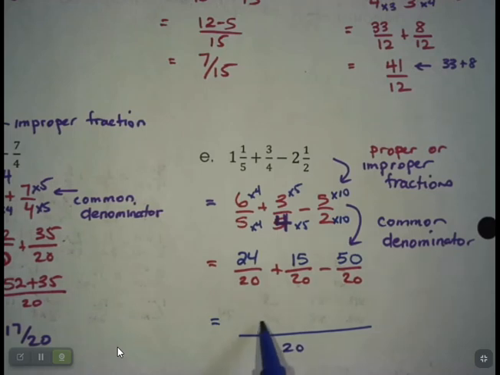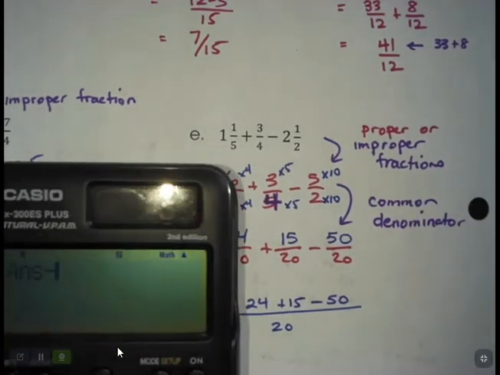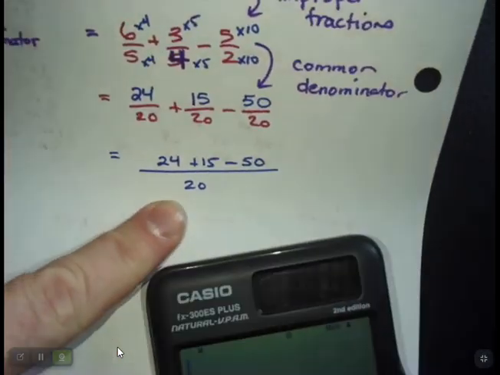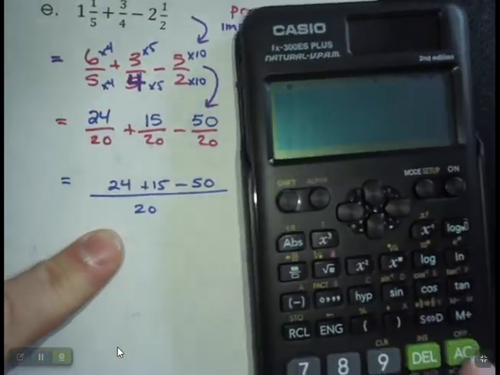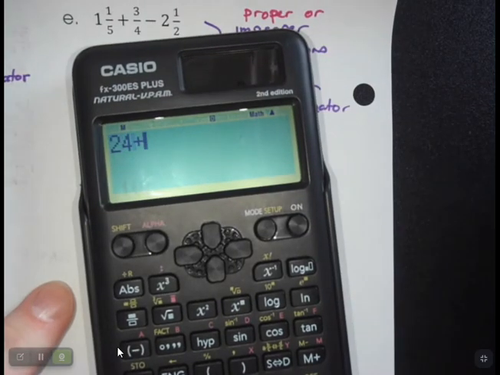And I can just think about these as a bunch of integer operations. So I can think about 24, 15, and 50 as just typing in 24 plus 15 minus 50.